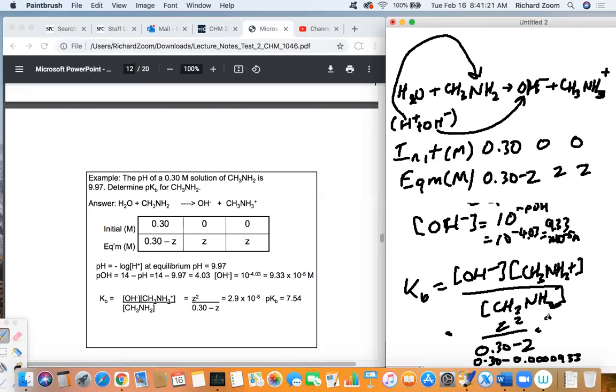Actually, we'll go with 9.33 times 10 to the negative 5 squared over 0.30. Because there are so many decimal places in that other number, it goes by 2 decimal places. We're just not changing it. Nothing's happening to it. So the answer we come out with here is going to be 2.9 times 10 to the negative 8 on the Kb value.